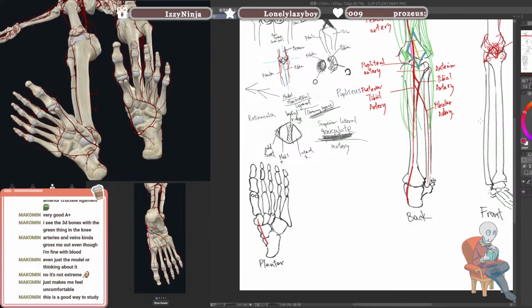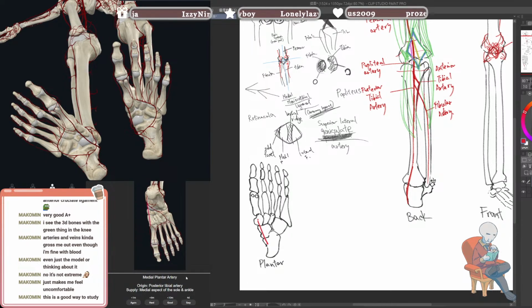It's medial. Plantar artery. Is that your final answer? Medial plantar artery. I'm correct. It is medial side. It is plantar. Therefore, it is medial plantar artery.